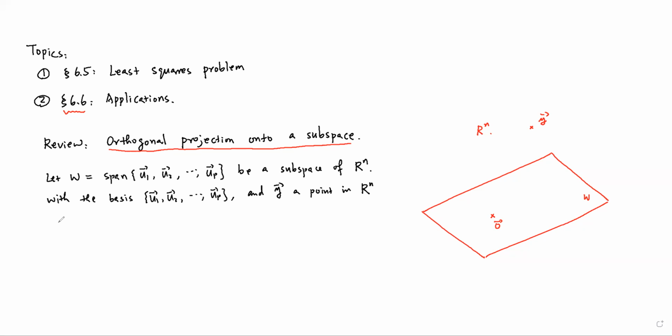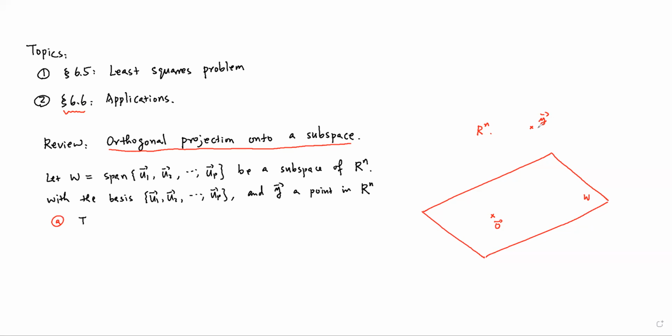Then the subspace W has infinitely many points. Now the question is, which point in W has the shortest distance to the given point Y? Which point has the smallest distance to the point Y?